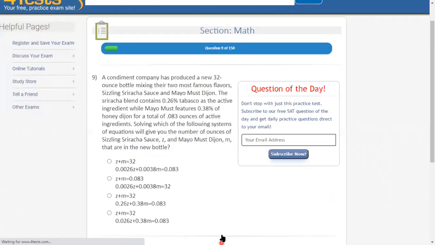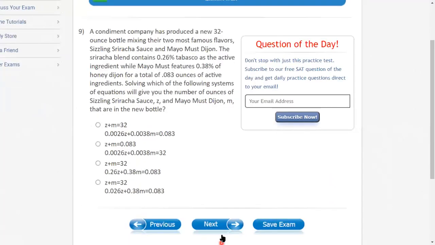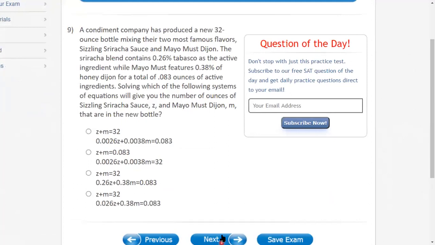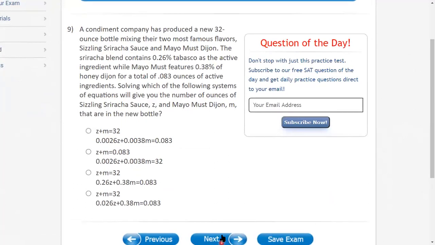So once again, this is a long story, so you can see that choices are also available. Please go ahead and read. A condiment company has produced 32 new 32-ounce bottles mixing their two most famous flavors, sizzling sriracha and mayo must Dijon.